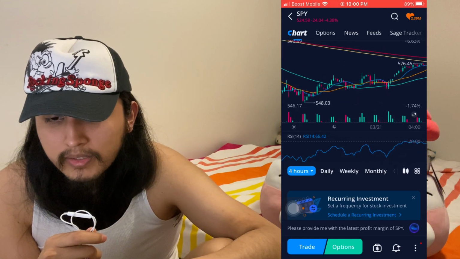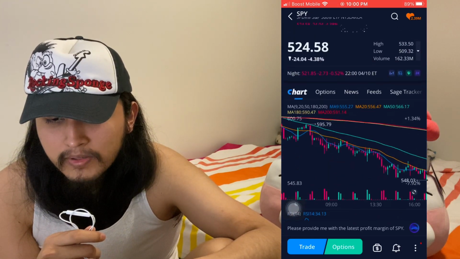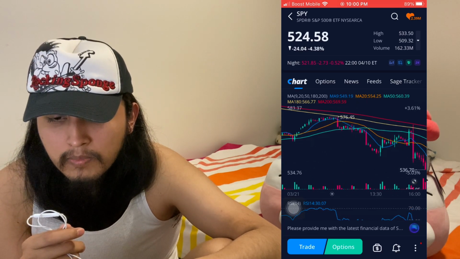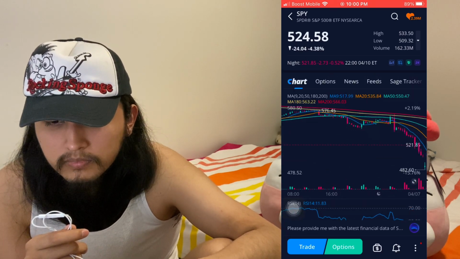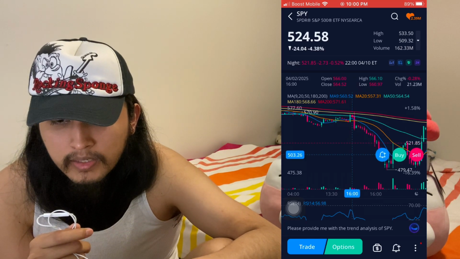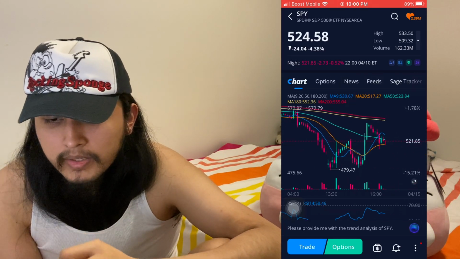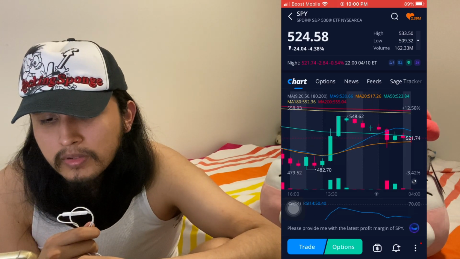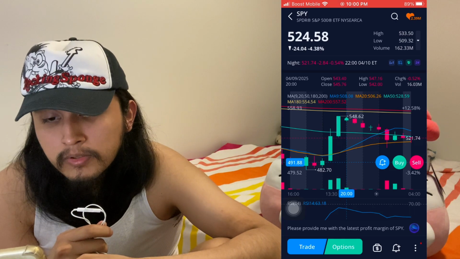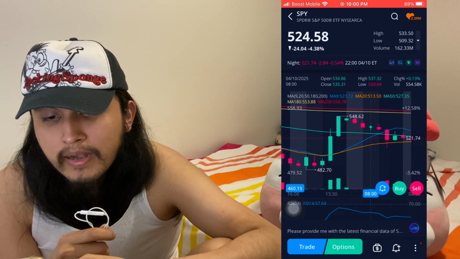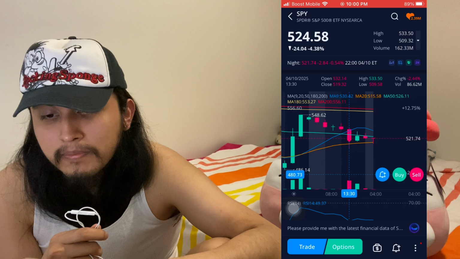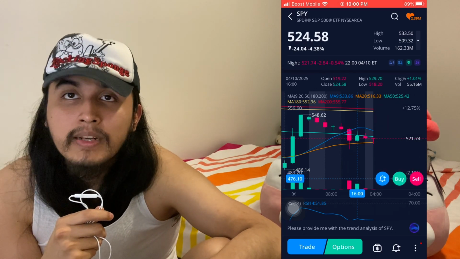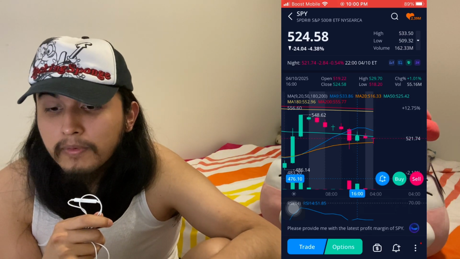It tried breaking above the 50-day moving average. It did, but it clearly got rejected by the 180-day moving average. And then here again by the 180-day moving average. And then right here, it somewhat approached the 180-day moving average, but not really. So you can see that now we're stuck under the 50-day moving average. So to me, that means that we're still going to see more downwards momentum from SPY.